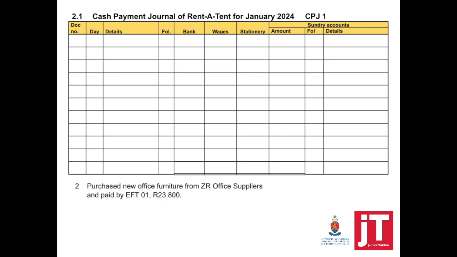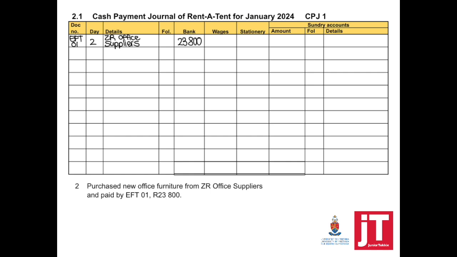Right, so let's have a look at the first transaction. On day 2, purchased new office furniture from ZR Office Suppliers and paid by EFT number 1, 23,800. So we start with identifying the source document, EFT number 1, on which day, day 2, from whom did we purchase? ZR Office Suppliers.